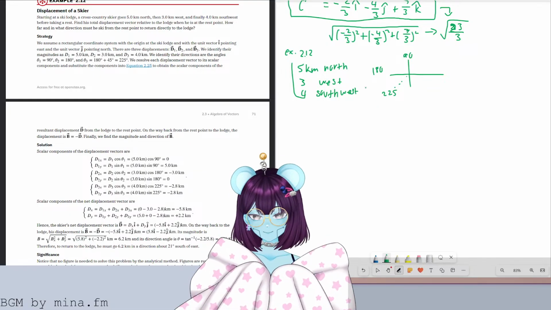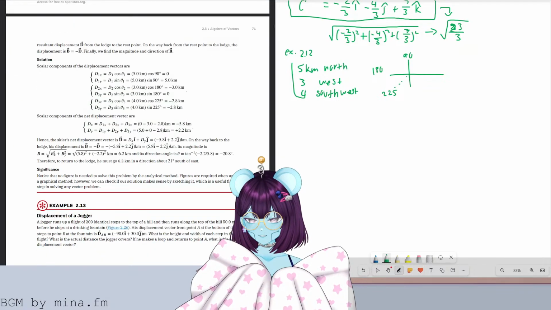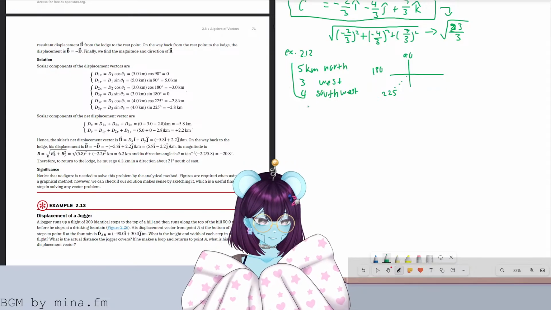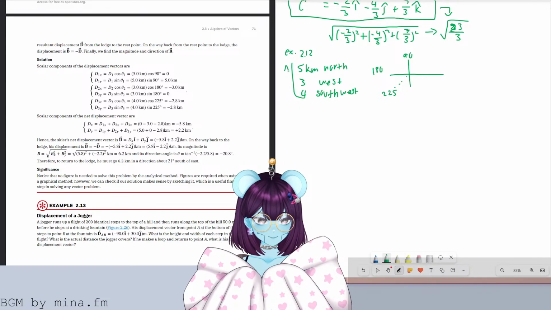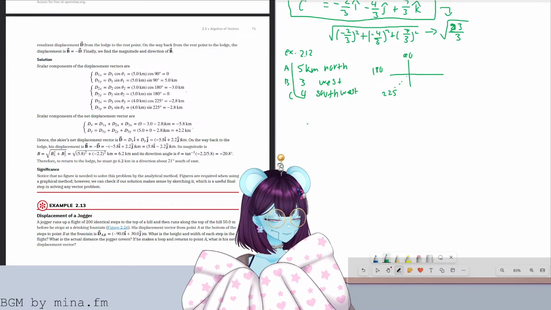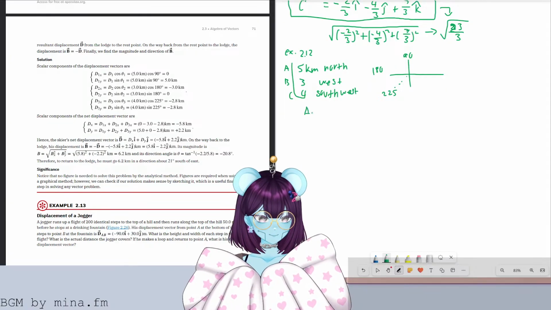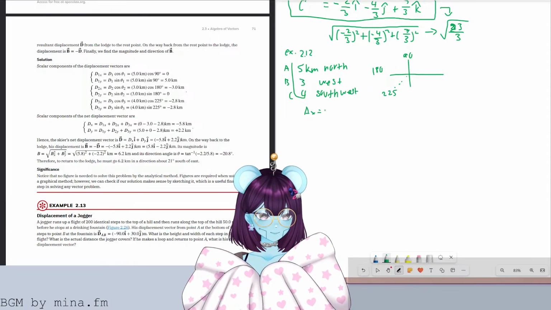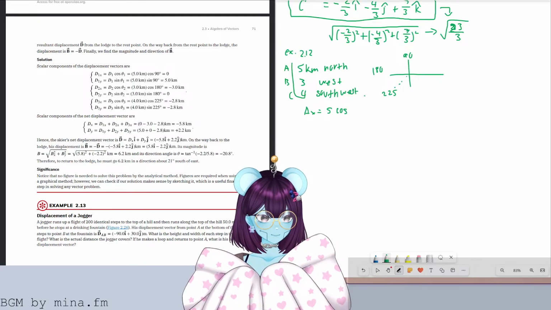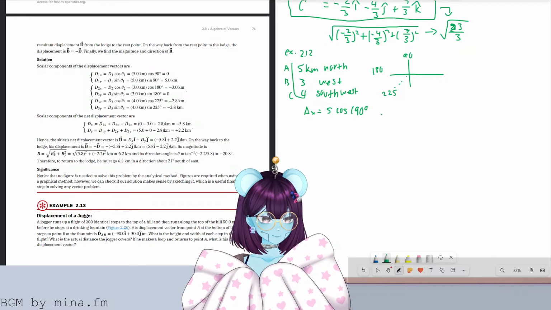I can solve the displacement. So similarly to all the other ones, you find the x and y component. I don't like how they call it d1, d2, d3. I'm still gonna call it a, b, and c, because I think that helps me get less confused. So we'll have ax equal to 5, that's their kilometers, cosine 90, because that one is going north.